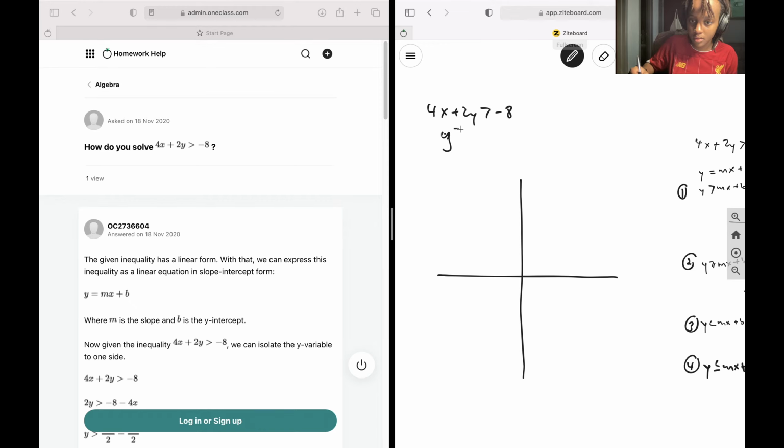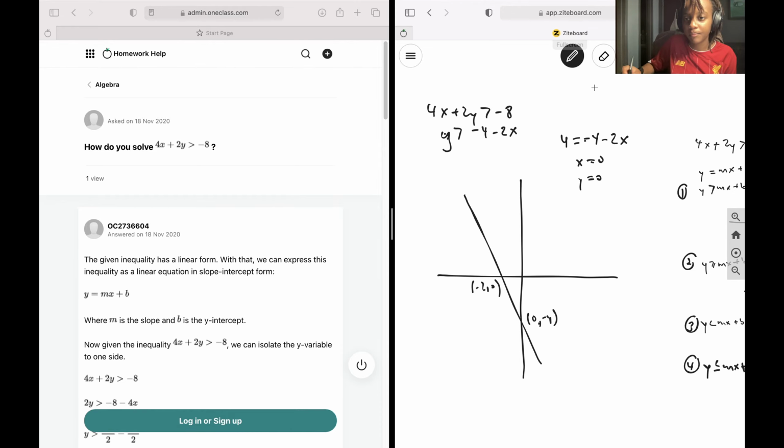Minus 2x, and that would intersect at (-2, 0) and (0, -4). And you can get that by just solving. If you just put in x is equal to 0, which is this point, and y is equal to 0, which should be this point, and just connect them.